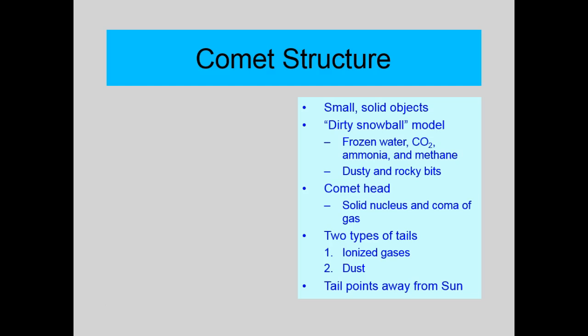It's an atom that has lost or gained electrons and therefore is charged. So it would be a gas that has either lost or gained electrons, so it becomes charged. Or it's just dust. Okay? So those are the two types of tail, ionized gases or dust. And remember, even the comet head has dust as part of it, embedded in the frozen materials.